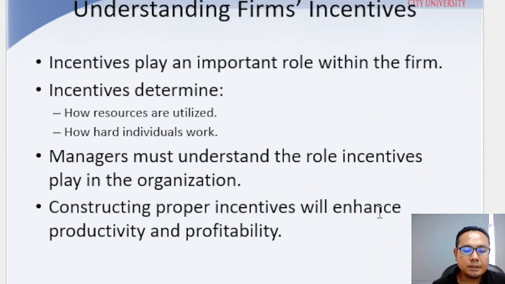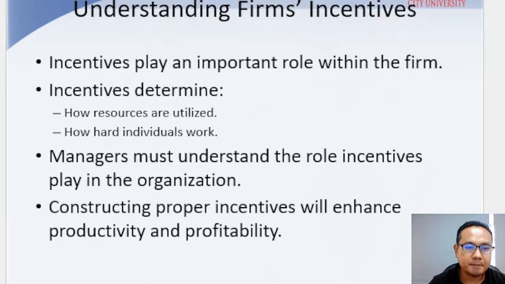In our discussion of the role of profit, we emphasized that profit signals the holders of resources when to enter and exit particular industries. Incentives also play an important role within the firm.